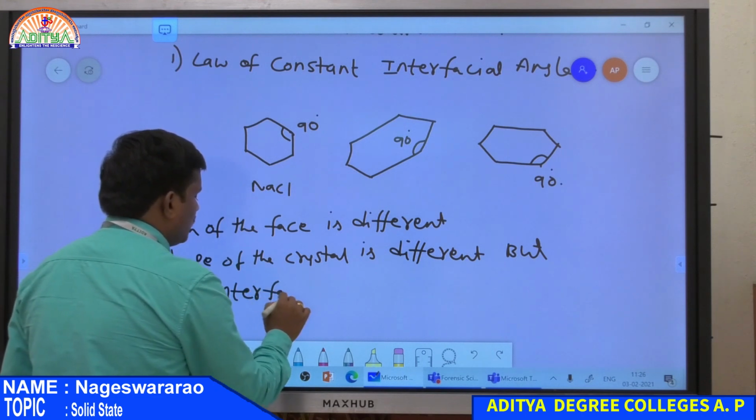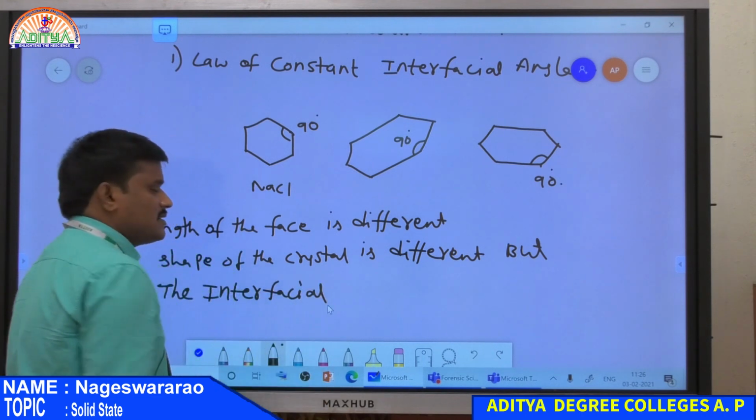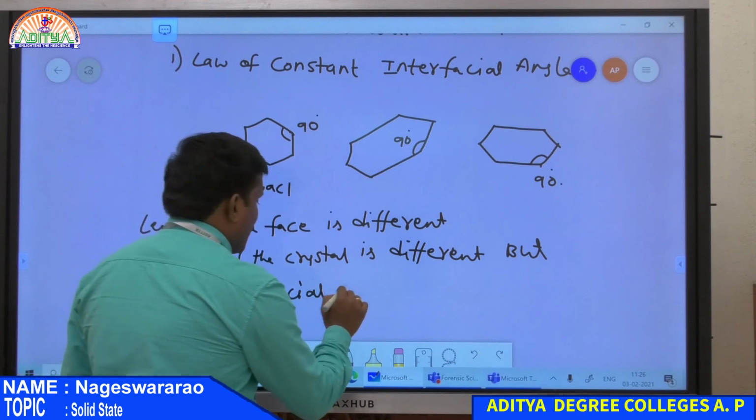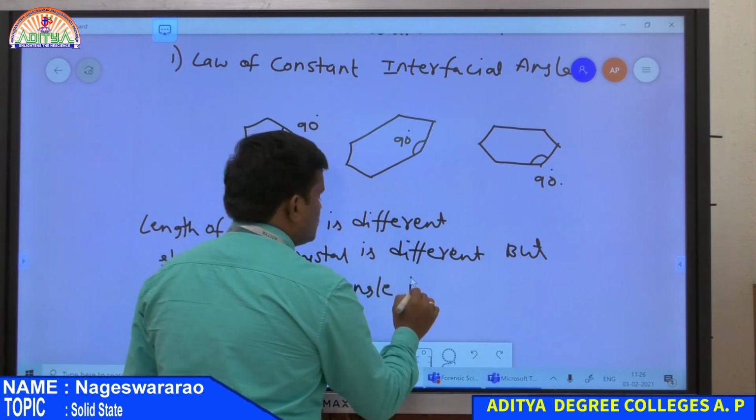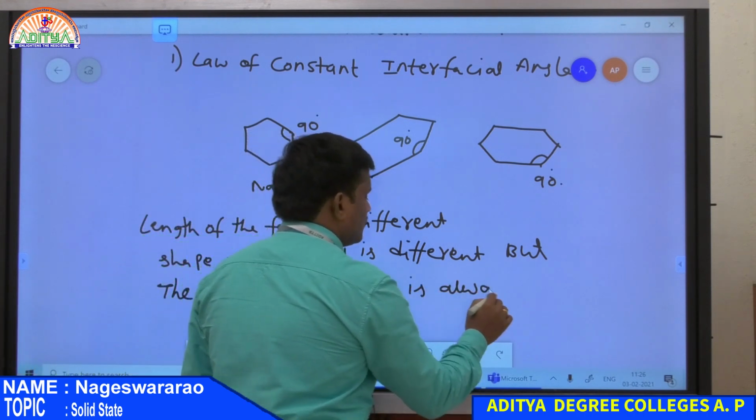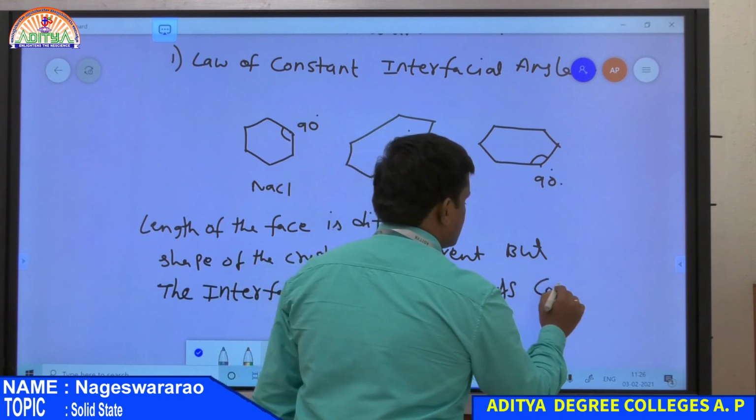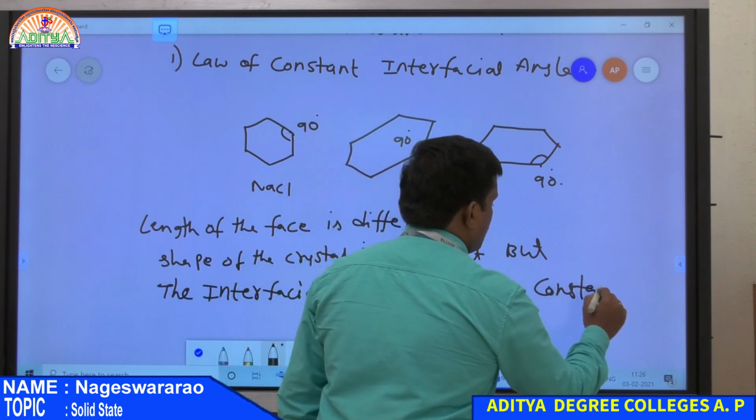That is nothing but two phases, interfacial angle is always constant. So this is the statement for the first law.